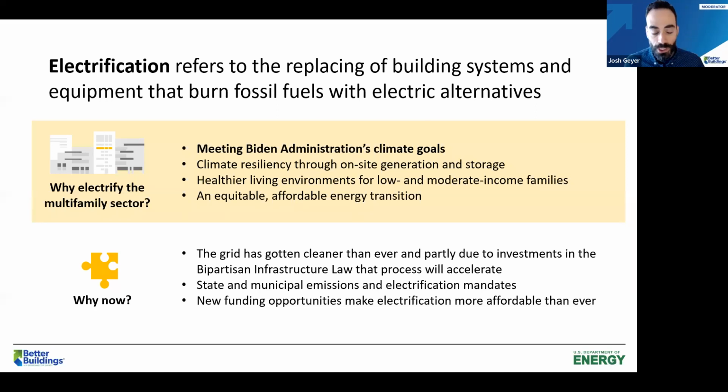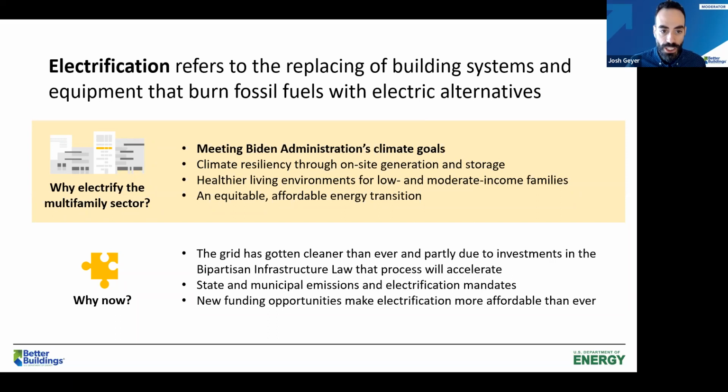So building electrification is the process of shifting away from appliances and building systems equipment that burn fossil fuels like gas, oil, and coal toward all electric technologies. Electrification is fundamental to achieving the Biden administration's climate goals, including reducing economy-wide greenhouse gas emissions by 50 to 52% by the year 2030. 20% of total greenhouse gas emissions in the United States come from residential energy use.